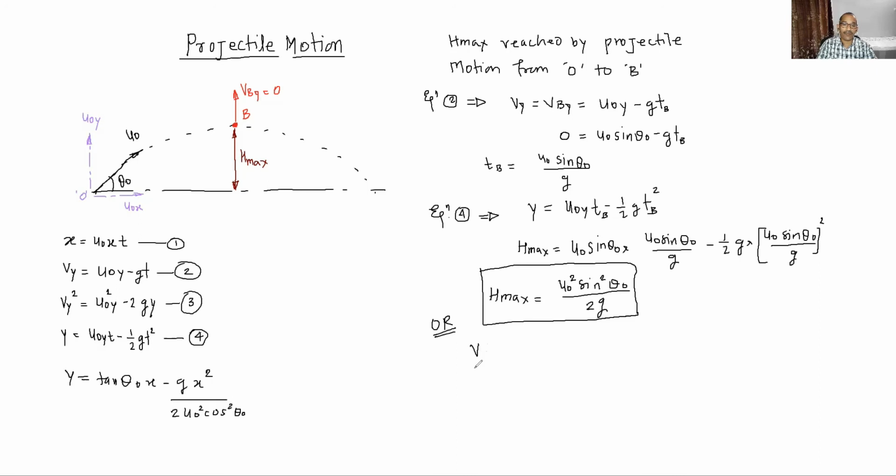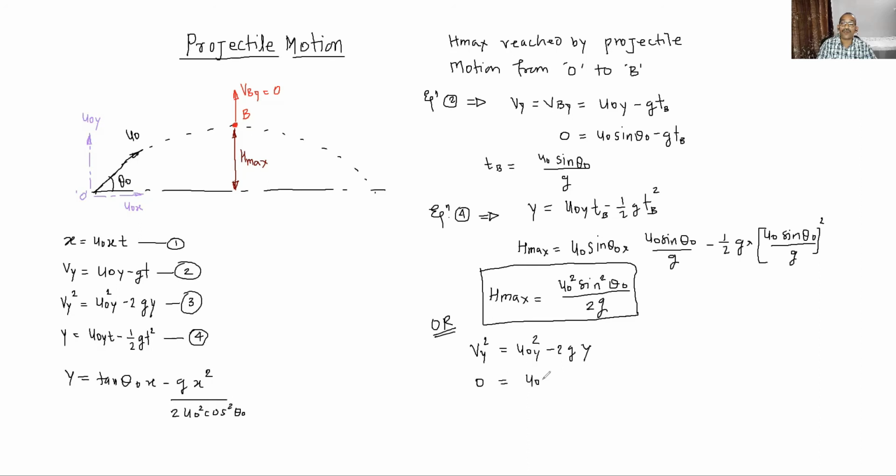If you know this point while solving a problem, it is a must: what data is given, what data is known and what you have to find out. Using that, we select the equation. So Vy square equals u0y square minus 2gy. Now Vy means Vby, and this is 0.